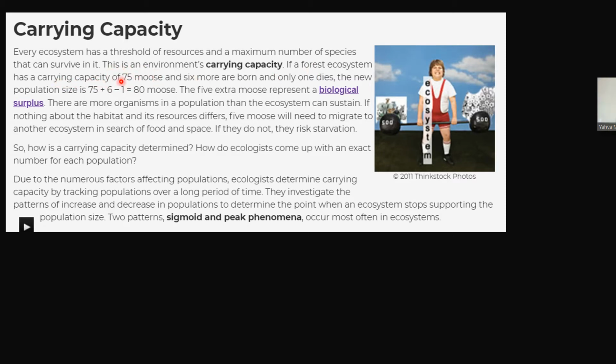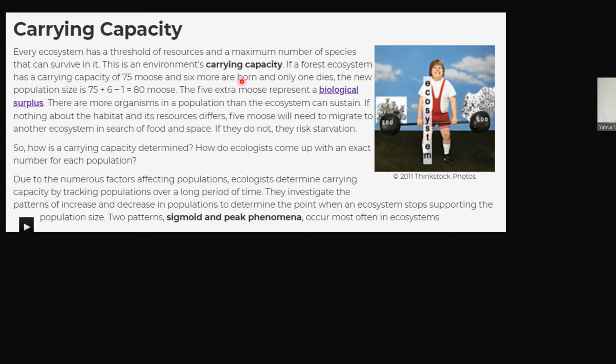What does that mean? That means 75 moose is the maximum amount of moose that can really live in that area in a sustainable way, where they're not just consuming all the food and all the trees are going away because they're eating everything. That's the maximum amount where they can sustainably live.